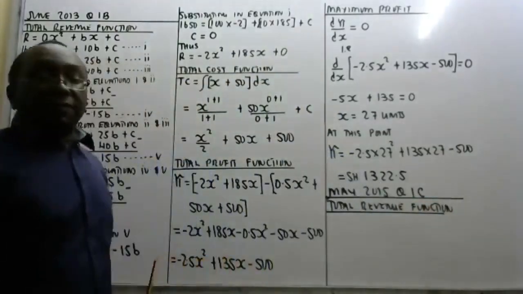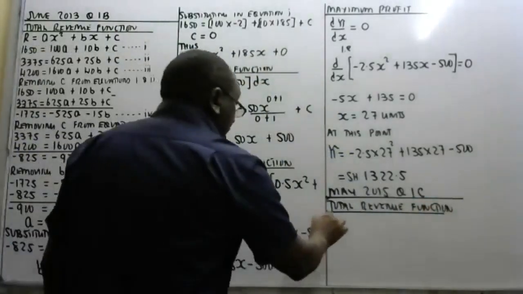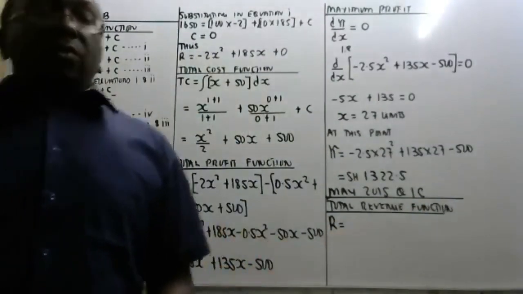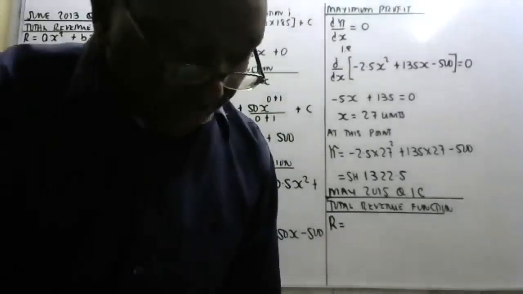So in the total revenue function, revenue will be equal to, we have been given the price.